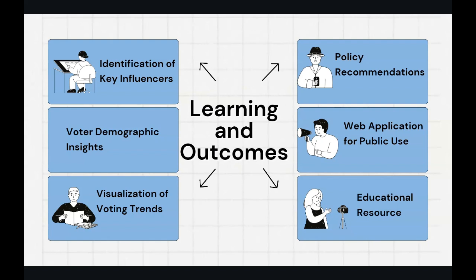We use line charts and bar charts to illustrate the impact of voter change on the election result. The fourth, an important part, is policy recommendation. It provides data-driven recommendations for policymakers on how to address voter registration and deletion processes. It also suggests strategies to improve voter turnout and engagement based on the analysis which we got.